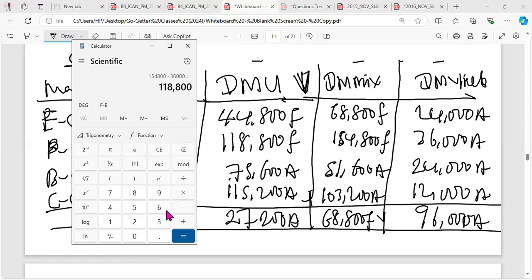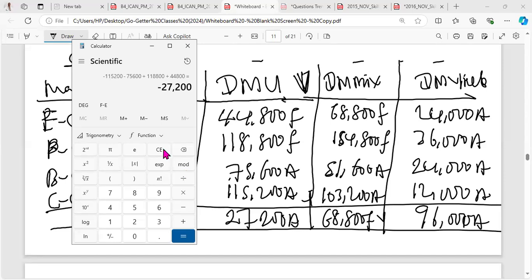That's fine. 51,600 plus 24,000 is 75,600 adverse. 103,200 adverse plus 12,000 is 115,200. 115,200 minus 75,600 plus 118,800 plus 44,800 gives 27,200.